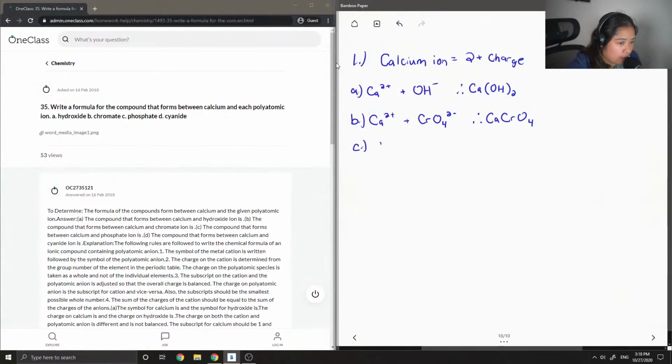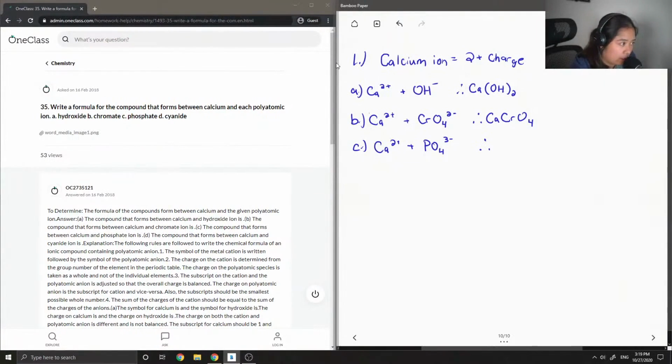And then for C, calcium plus a phosphate. So the formula for phosphate is PO4 3-, so it has a -3 charge.